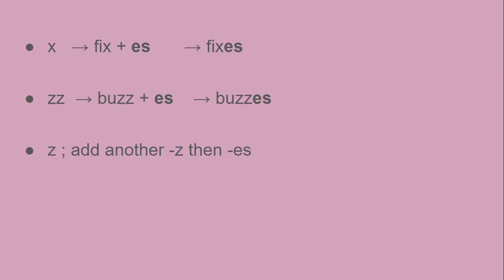How so? Let's say you have a verb, quiz. So quiz ends with one Z. You add a second Z, then you have a double Z at the end. And lastly, you add es, then it becomes quizzes.